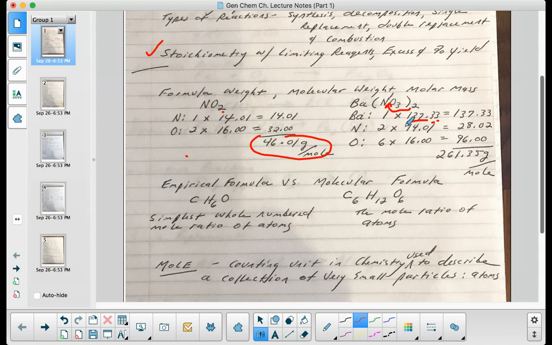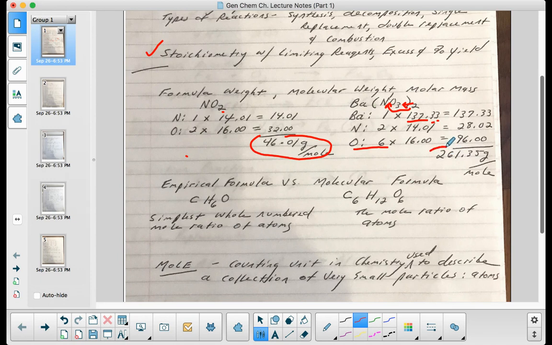So I have 2 nitrogens multiplied by 14.01. And then because that 2 is outside the parenthesis, it goes for everything inside the parenthesis. So in this case, I actually have 6 oxygens. So then I would take 6 times 16. So I get those 3 values, I add them up.